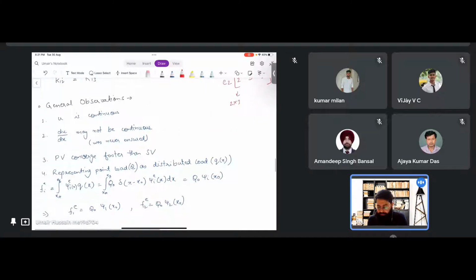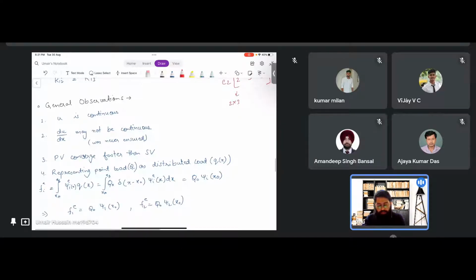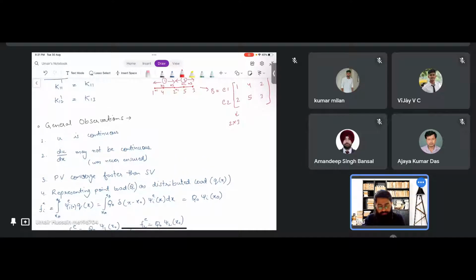So there were some general observations we had in this whole process of FEM. First thing is that use containers.